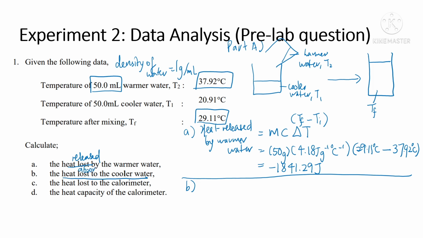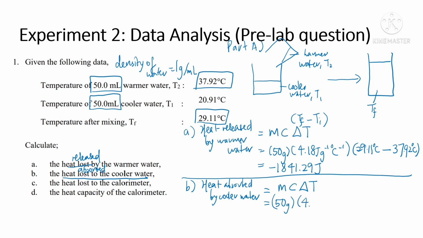In Part B, we want to calculate the heat gained by the cooler water, or in other words, the heat absorbed by the cooler water. To calculate this, we can use the formula: mass of cooler water multiplied by specific heat capacity multiplied by change in temperature. Again, the mass of cooler water is 50 ml, so the mass is 50 gram.